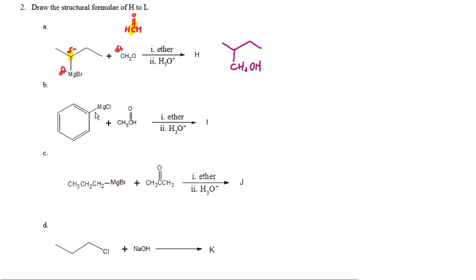For B, you have MgCl directly attached to the benzene ring. Therefore, we can identify our nucleophilic carbon, the delta negative carbon. In our first step, the reaction is between the Grignard and ethanal in ether solvent, followed by hydrolysis. There is a delta positive, the electrophilic site carbon, in our ethanal.